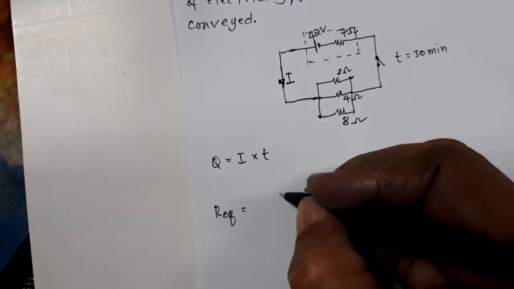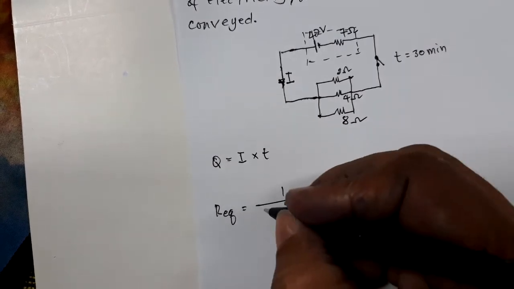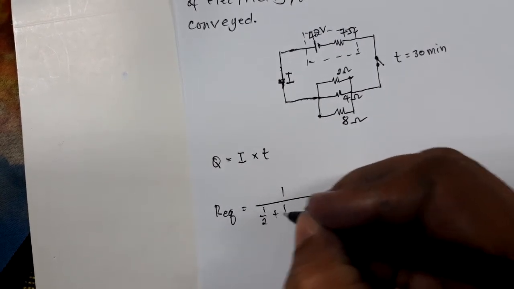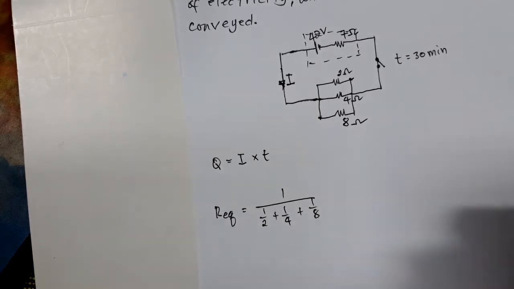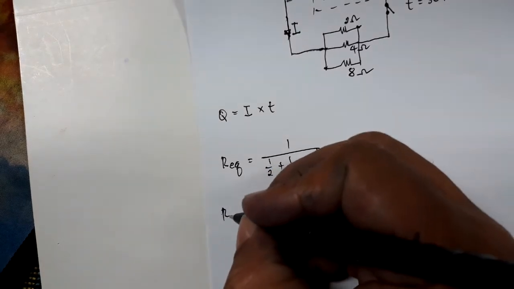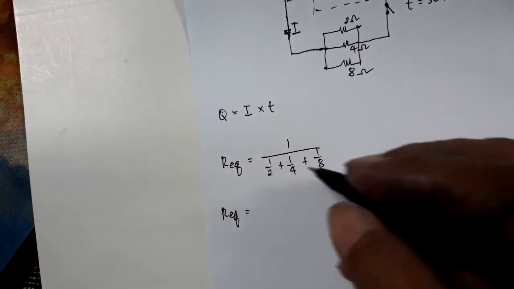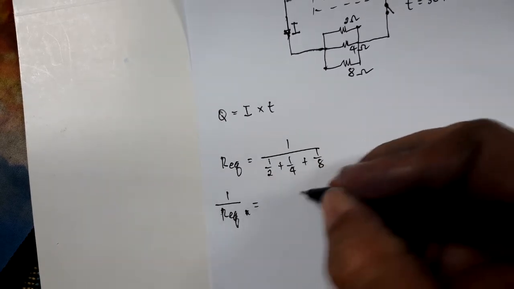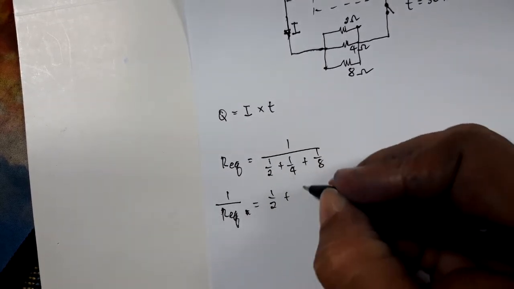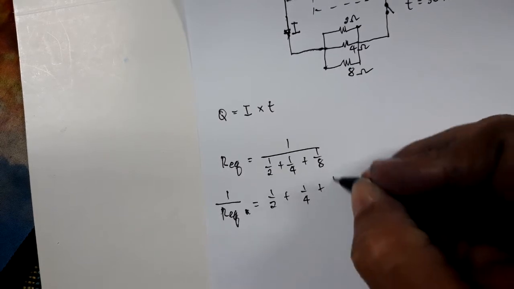We can use this formula, R equivalent equals 1 over 1/2 plus 1/4 plus 1/8. Or, 1 over R equivalent is equal to 1/2 plus 1/4 plus 1/8.